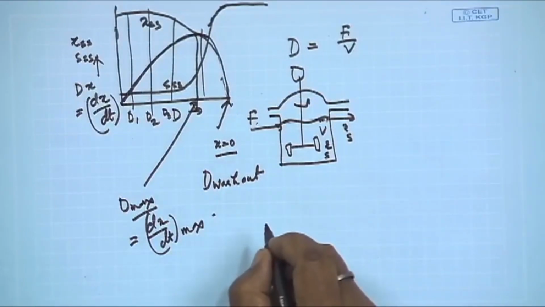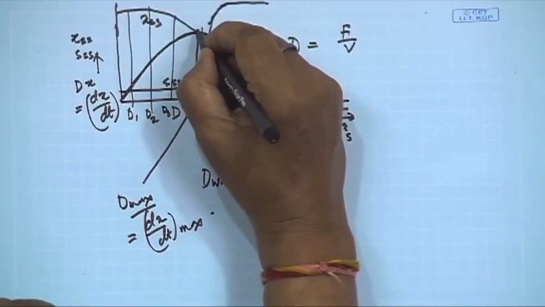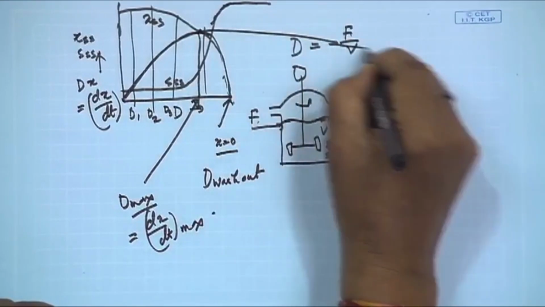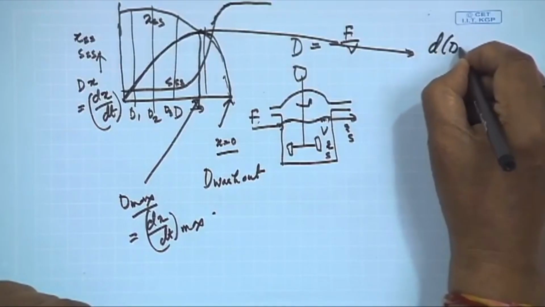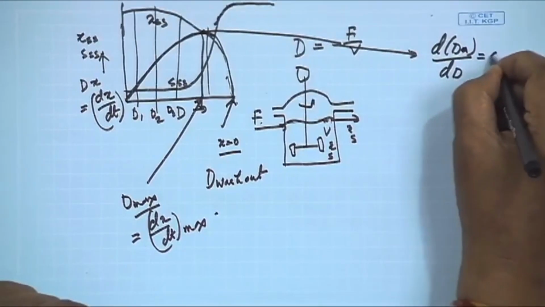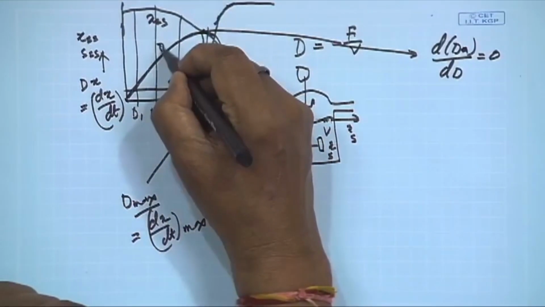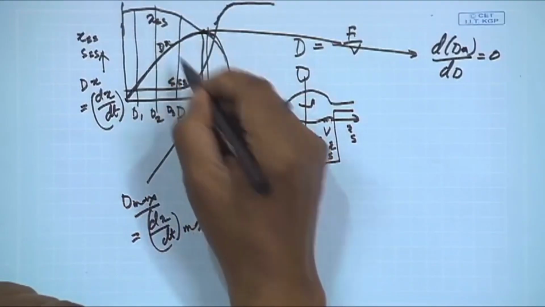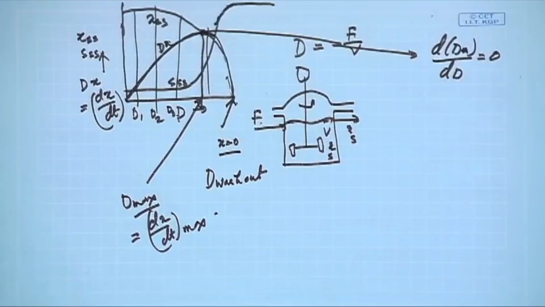That means at this particular point, dX/dD should be equal to 0, because it remains a plateau. So at Dmax, this is the condition that we have.